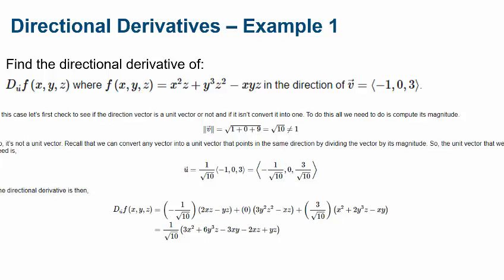Plus the second component times the partial derivative with respect to y, which gives this. Plus the third component times the partial derivative with respect to z, which gives the following. If you clean this up a little bit, you'll see that the directional derivative in the direction of this vector is given by this function right here.